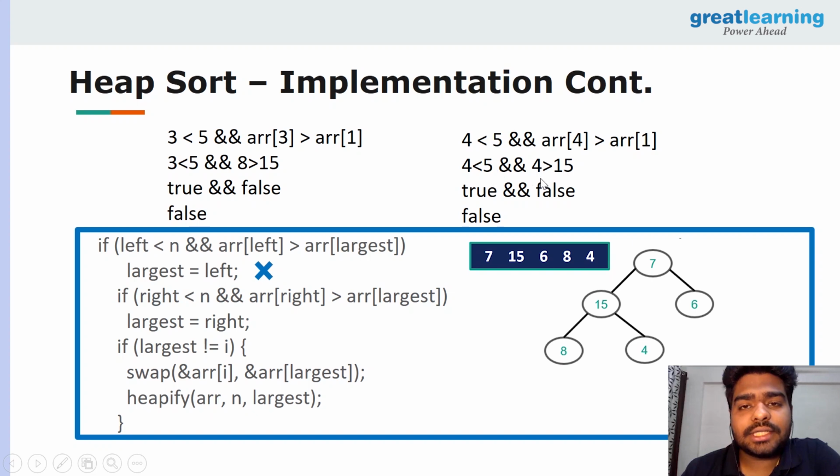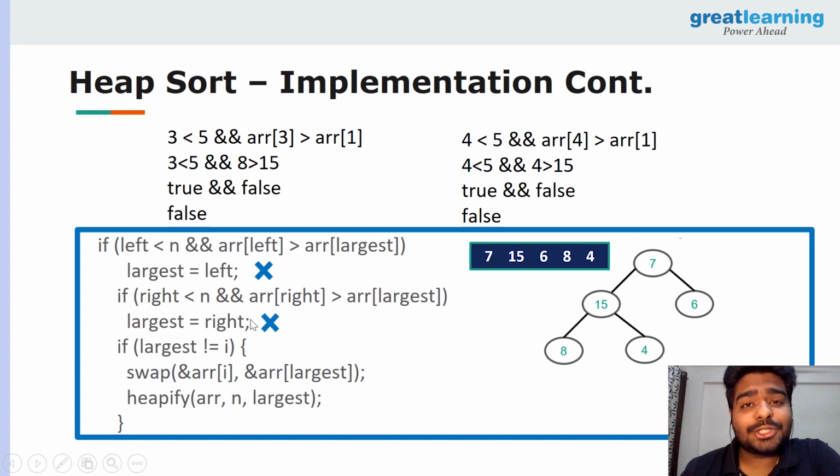So let's quickly solve this. 4 is less than 5, true. But 4 is greater than 15, again it is a false statement. And the AND operator says that when both the conditions are true, only then your result will be true. But as you can see, one of the conditions is false. The if statement is also false. That means you have to ignore this particular line also, right?